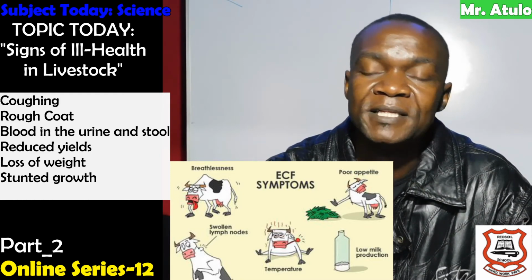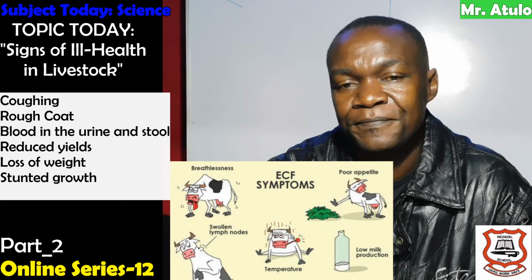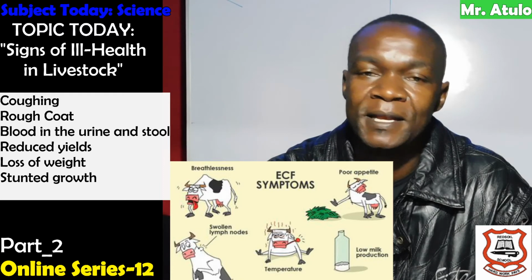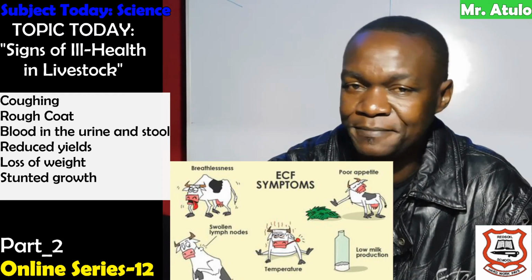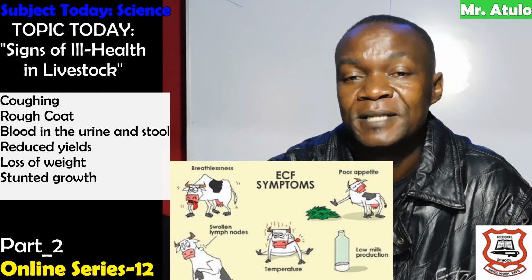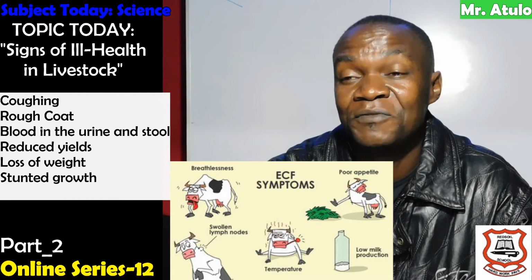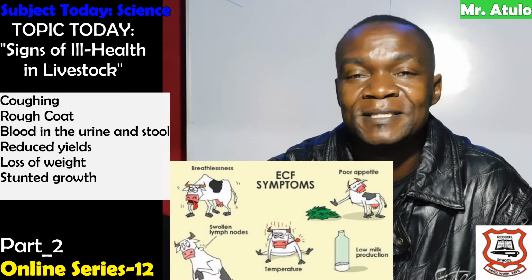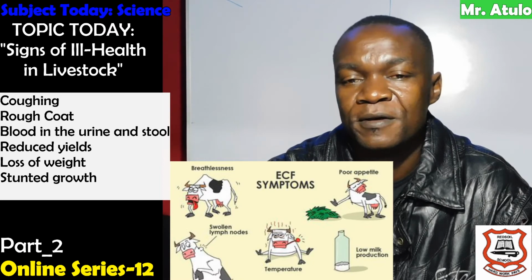Number five is loss of weight. Any unexplained loss of weight in an animal is a sign of sickness. This tells that the animal is suffering from a disease. Number six is stunted growth.